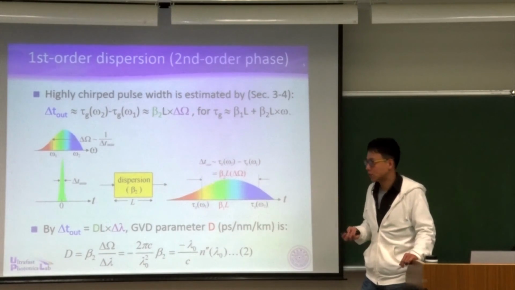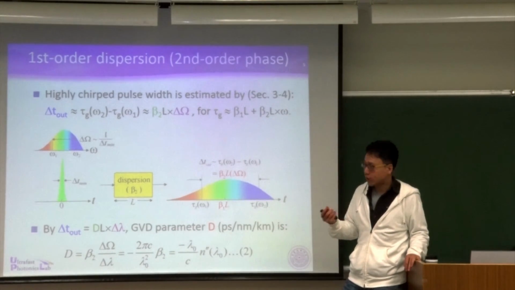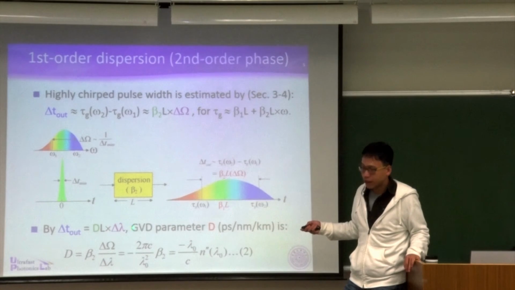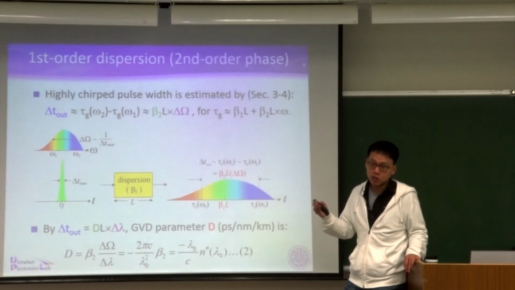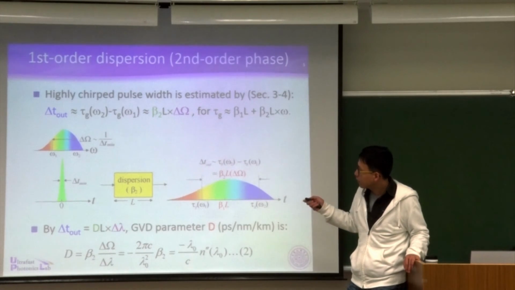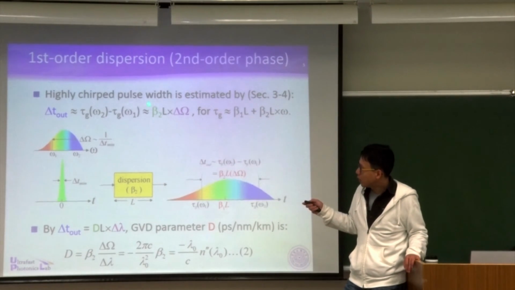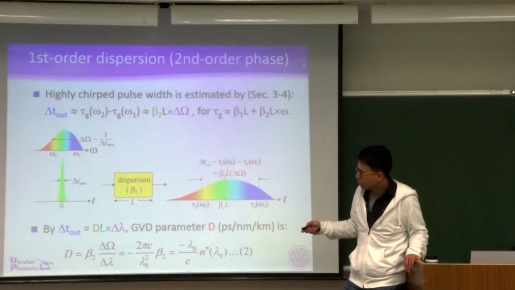Because if you use a spectrometer, the bandwidth you get from your apparatus could be like this, the bandwidth in terms of wavelengths. So if you change this, the corresponding GVD parameter will be different, from beta 2 to big D.